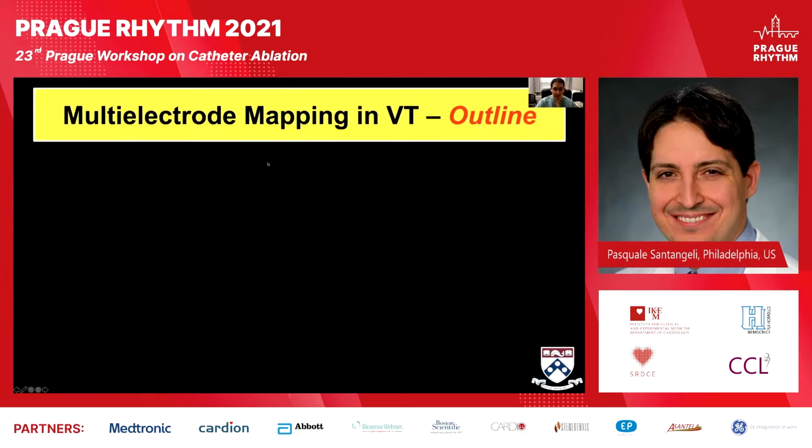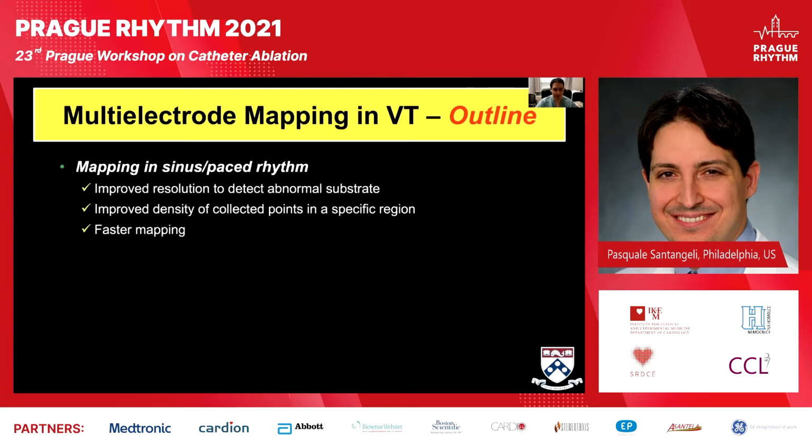To this purpose, I will summarize what I believe are the major benefits of multipolar mapping and will concentrate on a few concepts related to mapping the substrate in sinus or paced rhythm, discussing the value of improving the resolution to detect the abnormal substrate, improving the density of collected points, and allowing for an overall faster mapping.